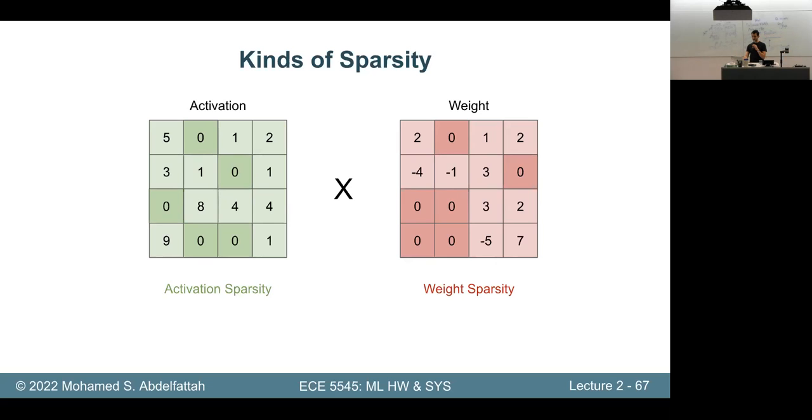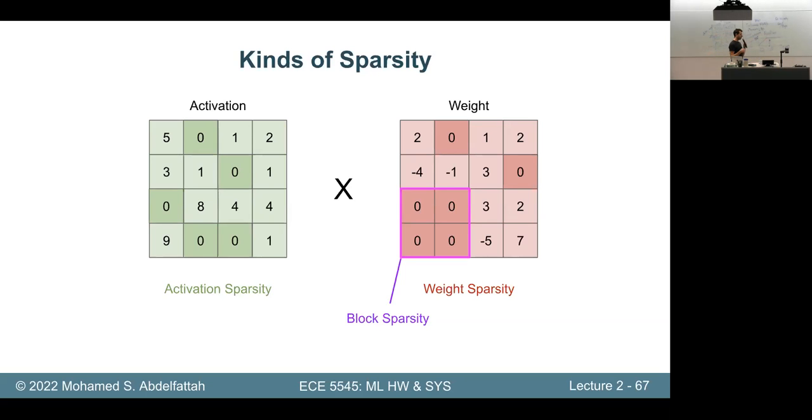Or parameter sparsity. And finally, we also have fine-grained sparsity, where zeros are scattered around your activations and weights. And we also have block sparsity. Block sparsity is much easier to deal with, simply because all of our compute chips are SIMD or data flow.